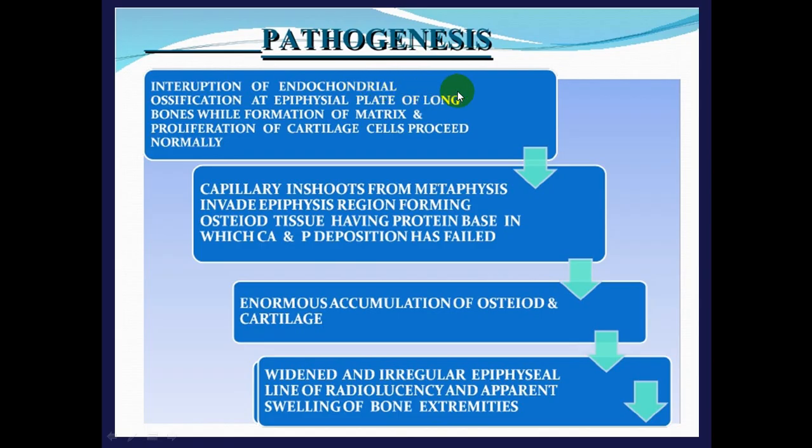Okay, and then there is a calcium and phosphor depositions which failed, and it makes no or less formations of osteoid tissue. And then the osteoid tissue will be composed mainly from cartilage.